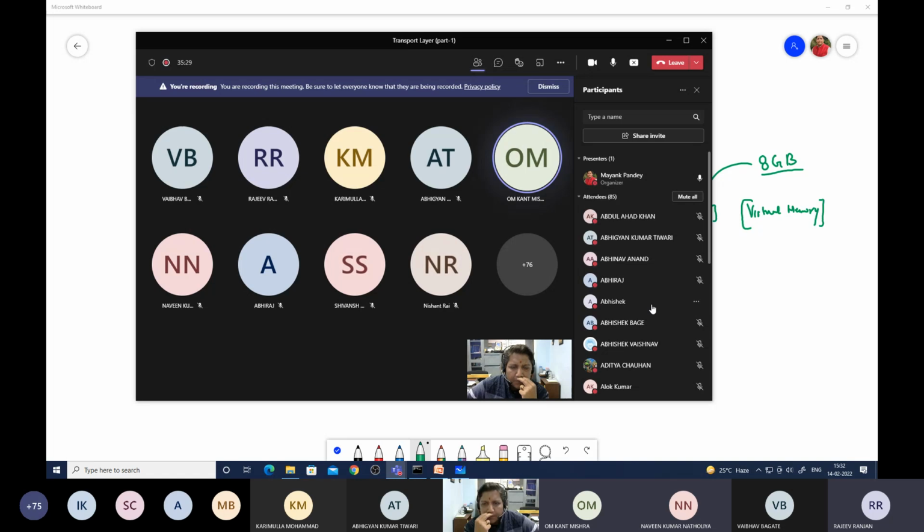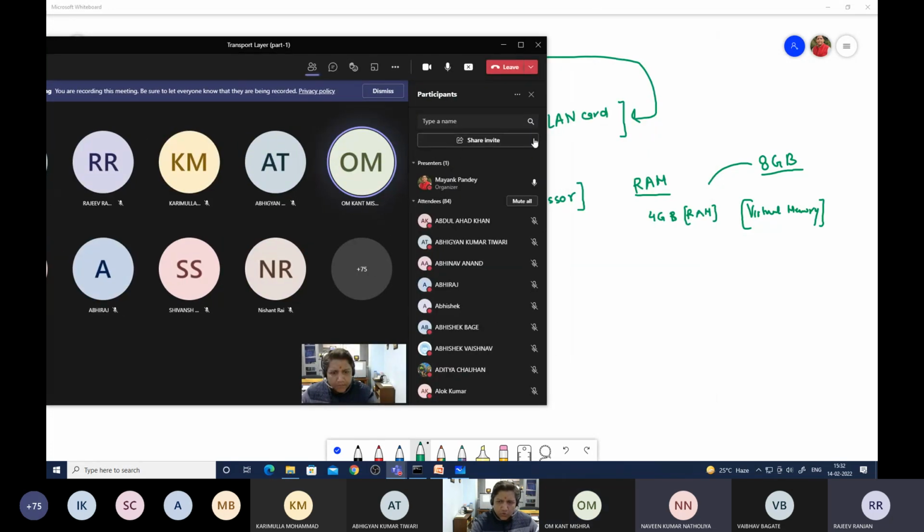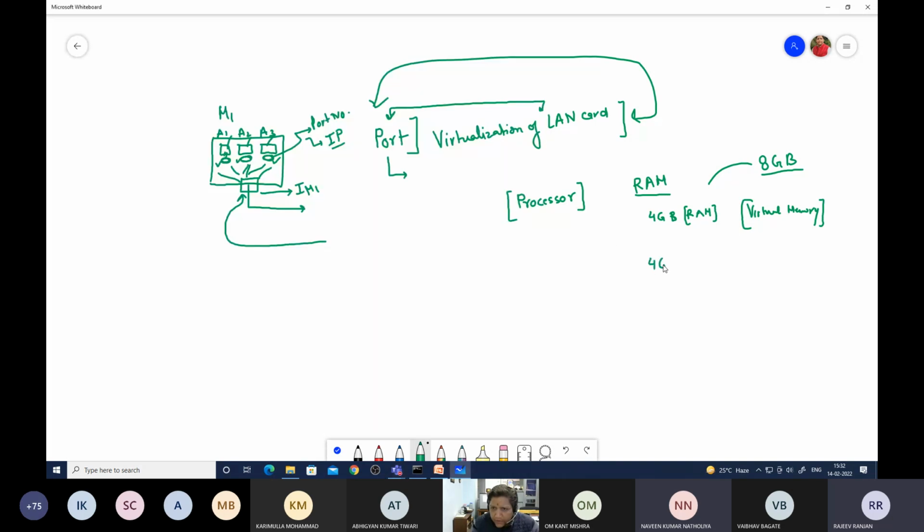How? Sir, we will load the few parts which are required to run at the current time, and we will remove them from the memory after executing them and bring in new ones. So, Omkant, you are trying to say that this 4 GB is getting reused by different modules of this big process.